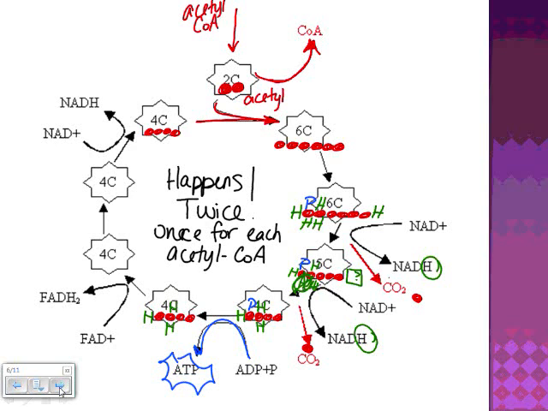FAD is now going to come in and pick up 2 hydrogens, which is going to leave us with 4 carbons still, because we haven't lost any carbons, but now we've only got 1 hydrogen. We lost 2.